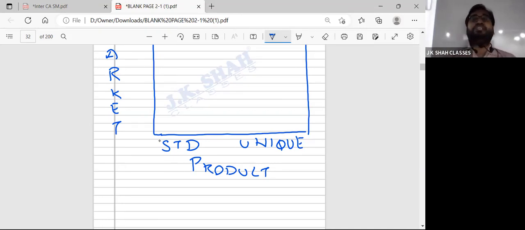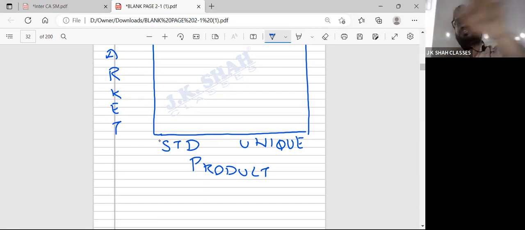All this can distinguish you from your competitors. For example, Titan also makes watches. Ajanta also makes watches. Rolex, Rado, unique, status symbol. Mercedes, BMW, unique. You all understood? Royal Enfield, unique. Apple, unique. Standardized and unique.